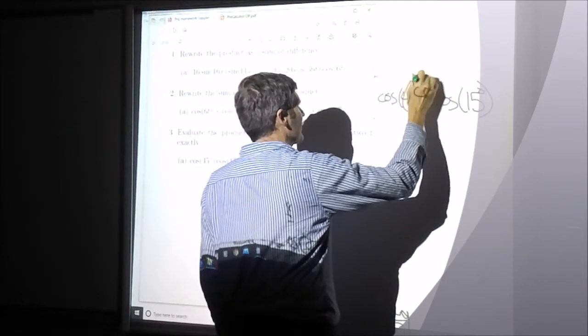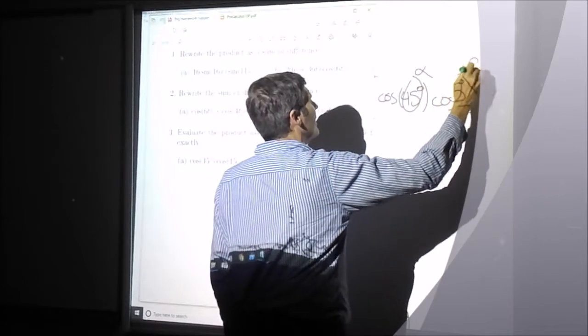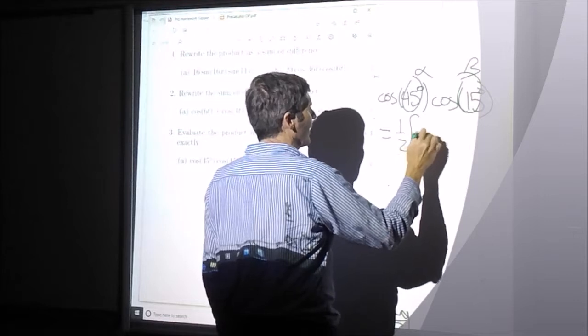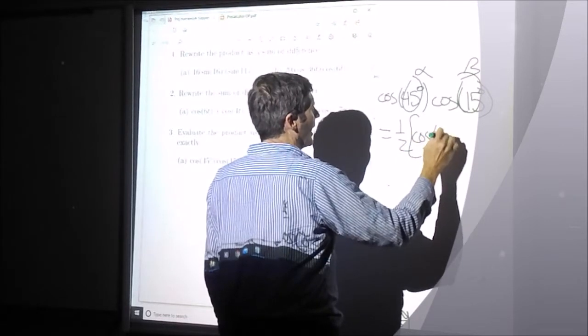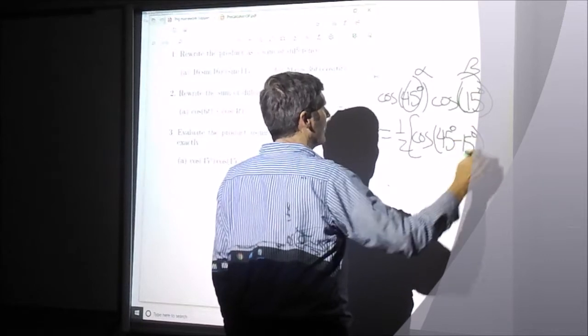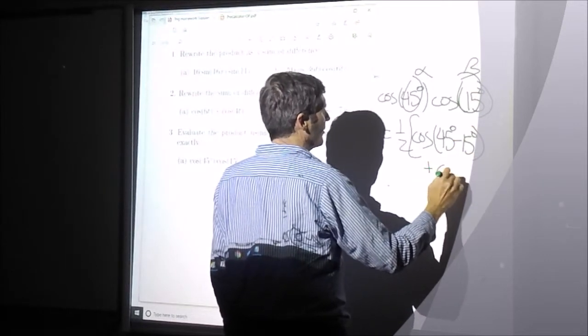If you treat this as alpha and this as beta, the formula we had gives us 1/2 cosine of alpha minus beta plus cosine of alpha plus beta.